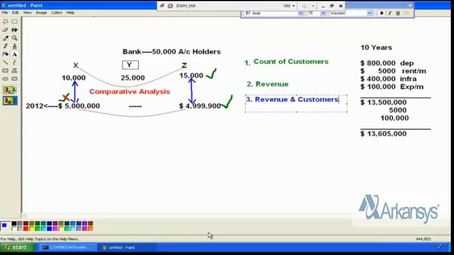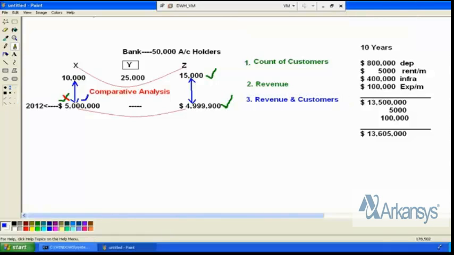Correct. So if you take that particular point now, X location, less number of people, more revenue. Whereas G, more number of customers, less revenue. Isn't it? Correct. So if you compare two things at a time, then X location is the best place, not G. X is the best place.